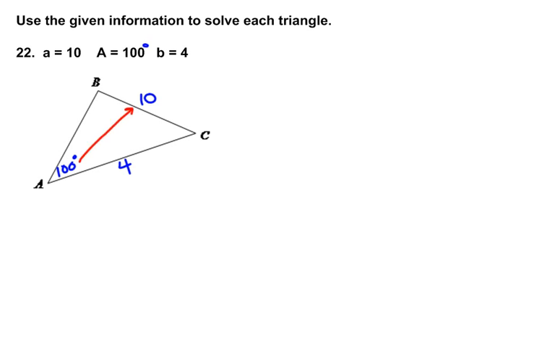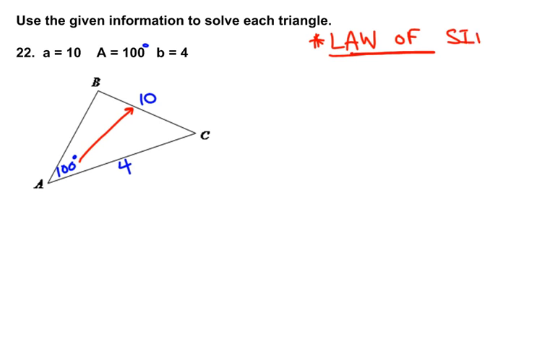What that tells us is that we should use the law of sines. Anytime we have an angle and the side across from that angle, or opposite of that angle, we are going to refer to this as our method, the law of sines.